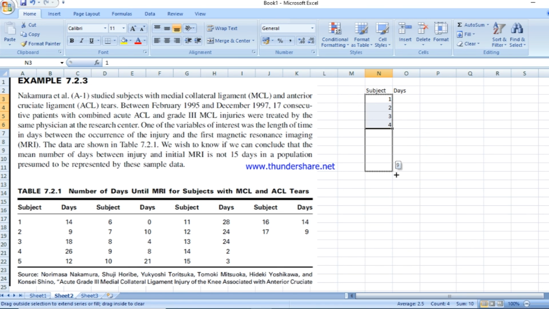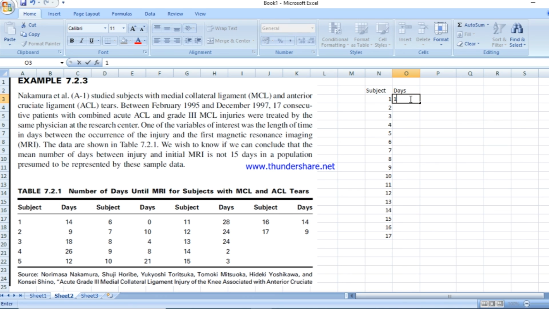So we are entering the data. Now, since this is used for testing the mean of a single population, we'll first find x bar or m, which is the average of the days.